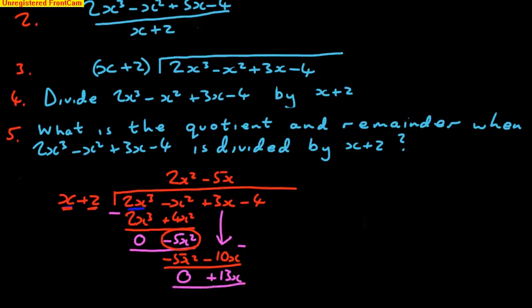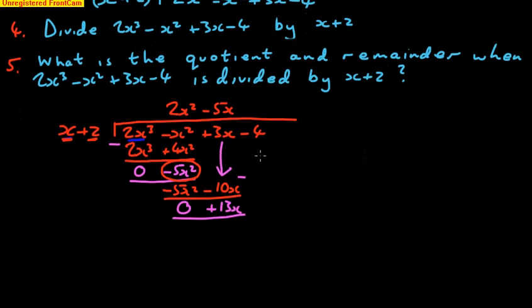I have to divide again now. I take the first term, that's the x, and divide it into the 13x. Then I get plus 13. Multiply back. 13 times x gives me 13x, and 13 times 2 gives me plus 26.